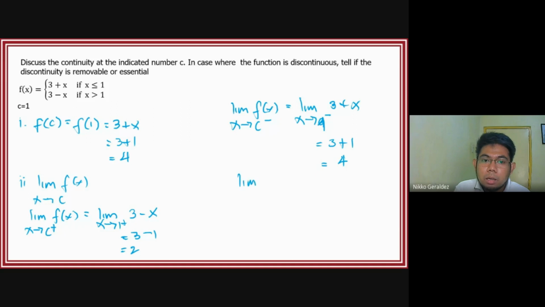So the limit of f of x as x approaches 1 does not exist. So what is the function? The function is discontinuous at 1, and that is a jump discontinuity. It fails condition number 2.